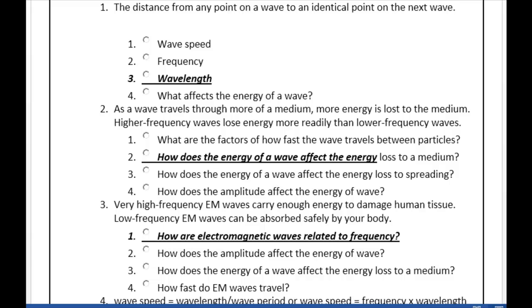Very high frequency electromagnetic waves carry enough energy to damage human tissues. Low frequency electromagnetic waves can be absorbed safely by your body. So the answer will be number 1. How are electromagnetic waves related to the frequency?